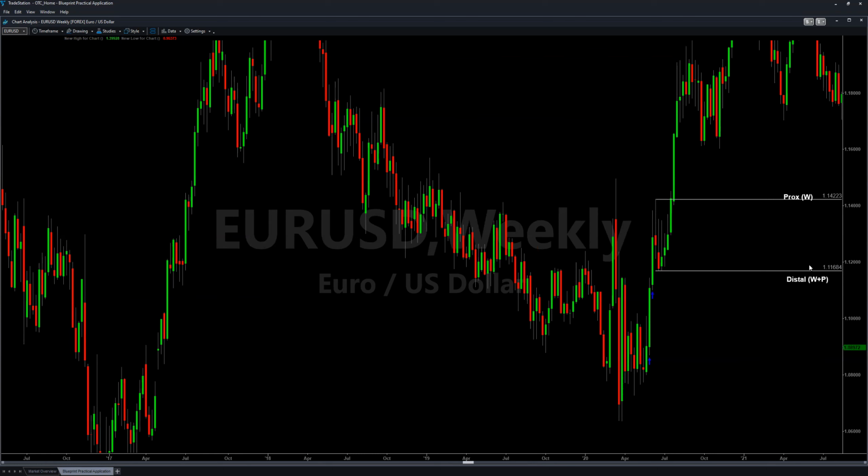Remember, we will never change the distal line. And here, guys, why is it a wider version? The reason is the proximal line is on the highest point on the base, and the distal line is on the lowest point.